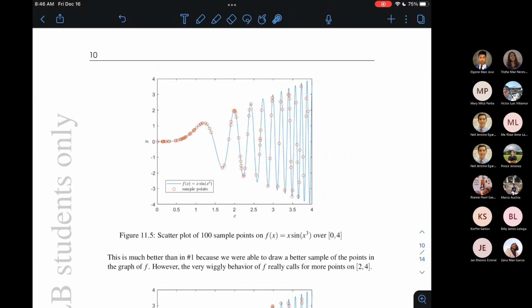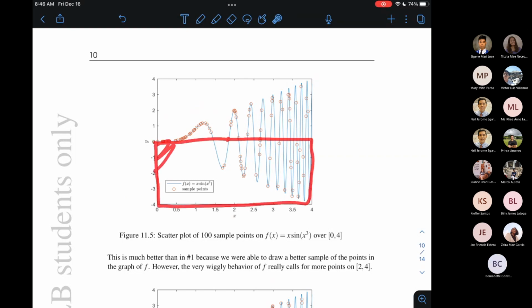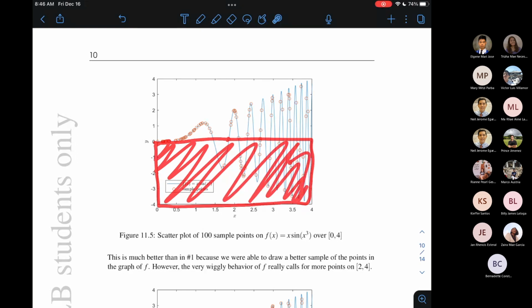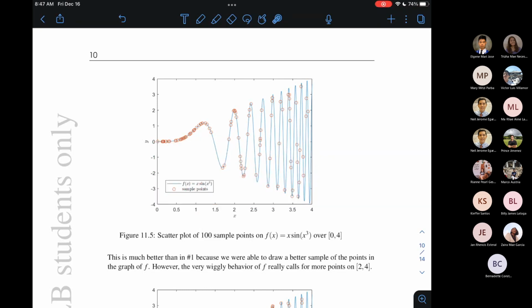Then ang ginagawa ko dyan, halimbawa sa sample point na to, kukunin ko yung area ng rectangle na to. Computing ko yung area ng rectangle na yan, and I will do this for all of the random seeds, right? Tapos kukunin ko yung average ng 100 areas ng rectangles na yon. Yun na yung estimate ko para dun sa integral from 0 to 4.